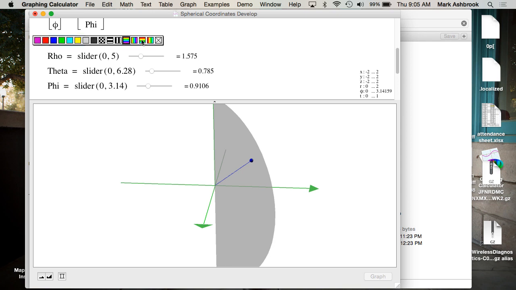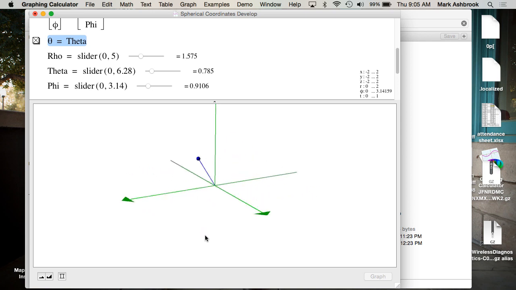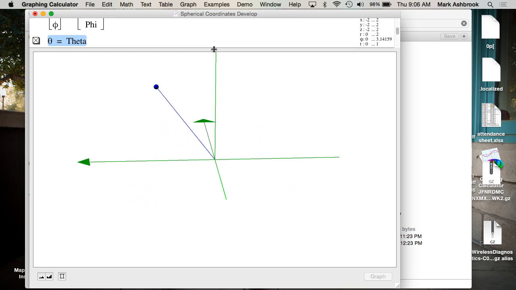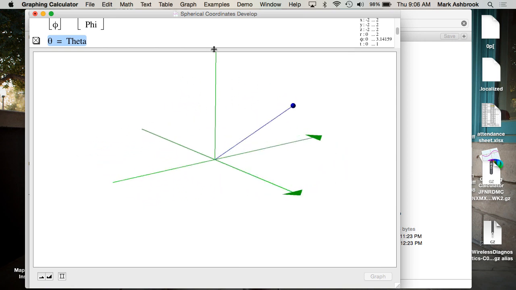So we were figuring out the relationships between all those coordinates. I'm going to do that a little differently than we did last time. Here I am at a particular rho, theta, and phi. If you hadn't seen it, what would you predict for theta?